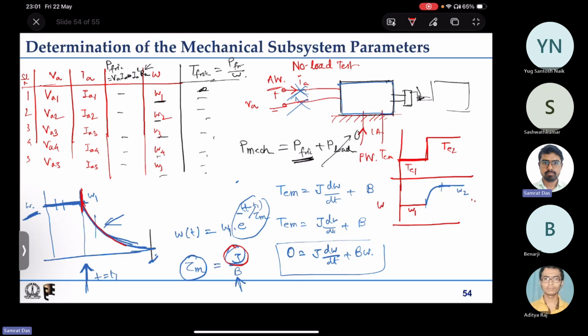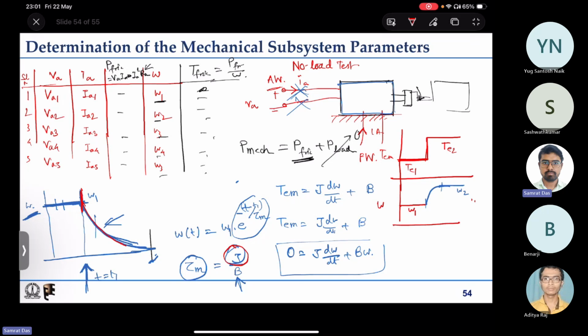Okay. Now in the deceleration test there is one thing, because very close to zero speed there will be some non-linear friction. Whatever frictional coefficient you typically get as a constant is not very true very close to zero speed.